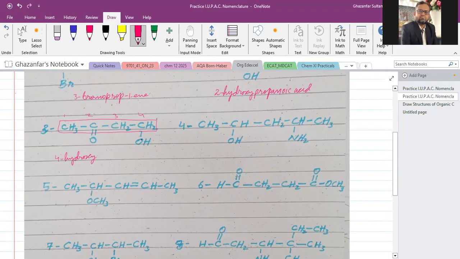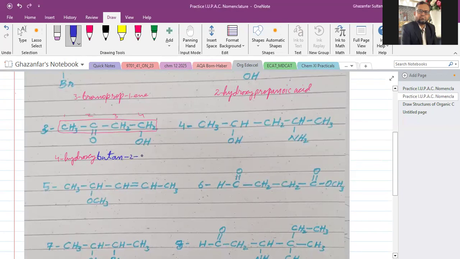Again, the same reason, because ketone is given priority over hydroxy. So we use the suffix of the ketone, that is one, and we use the prefix of the hydroxy. So this name is 4-hydroxy, 4 carbon, and all the carbon bonds are single, butane, omit the E for avoiding two vowel sounds.